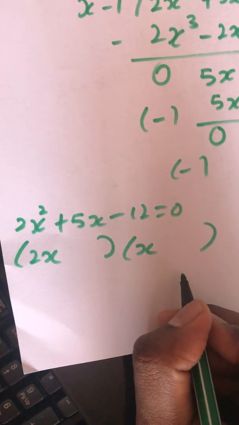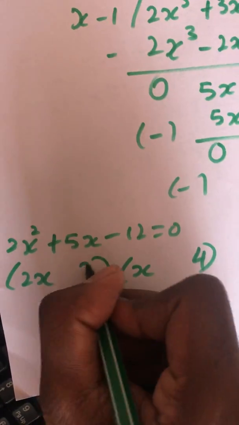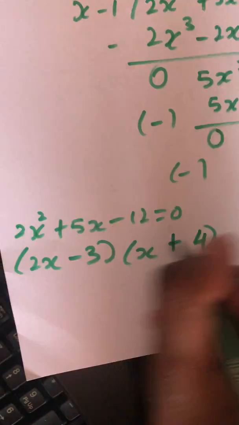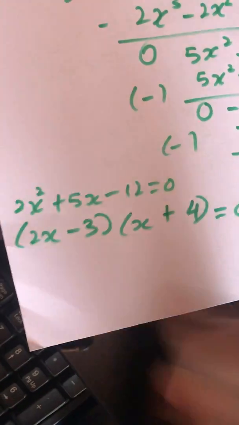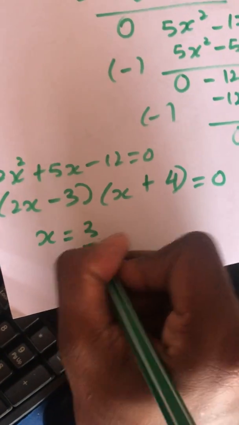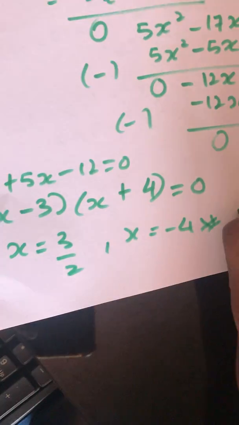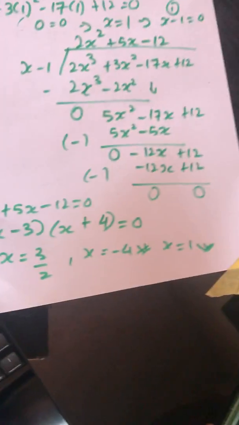I think it will be 4 and 3, because 8 minus 3, so I want a plus here, so plus minus equals 0. Now we can easily get our factors, which are x equals 3 over 2 and x equals -4. So you already found everything: 1, 2, 3.